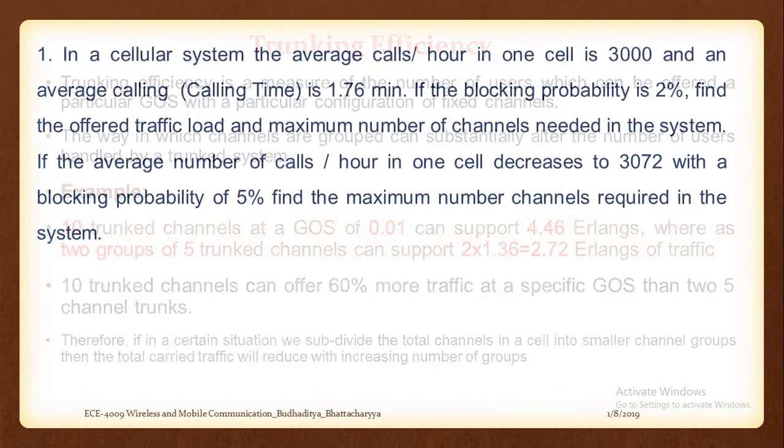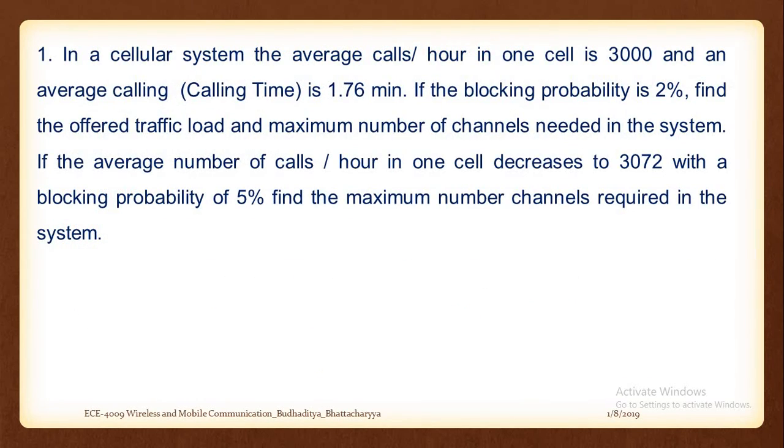Let's see whether we can do this problem. It's a very interesting problem, and I would like you to look into it and try to solve it, because the solution is very simple in a way, but understanding the first step is what to do. Please read it. In a cellular system, the average calls per hour in one cell is 3000 and the average calling time is 1.76 minutes.